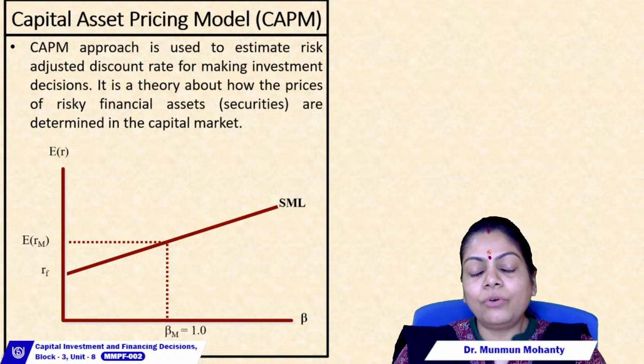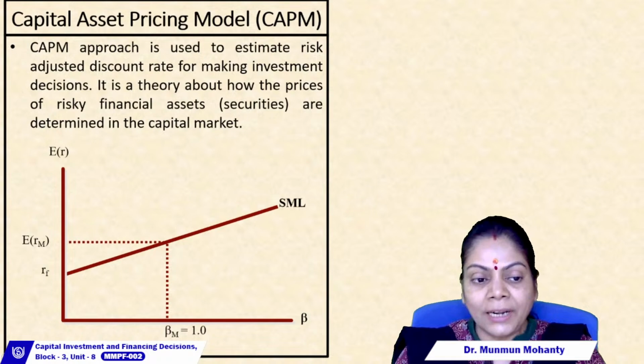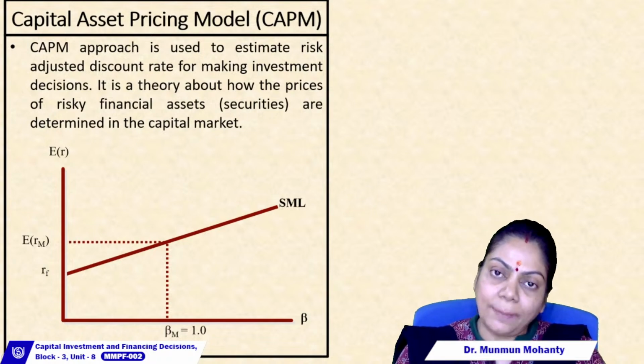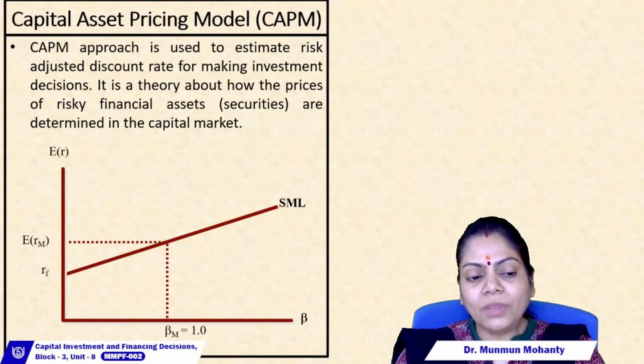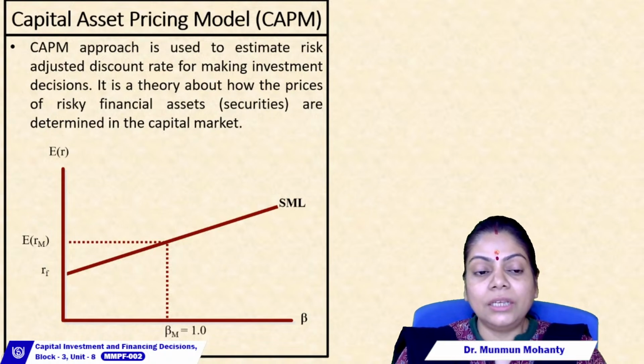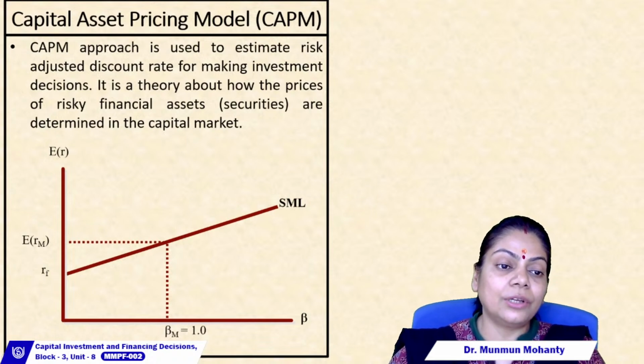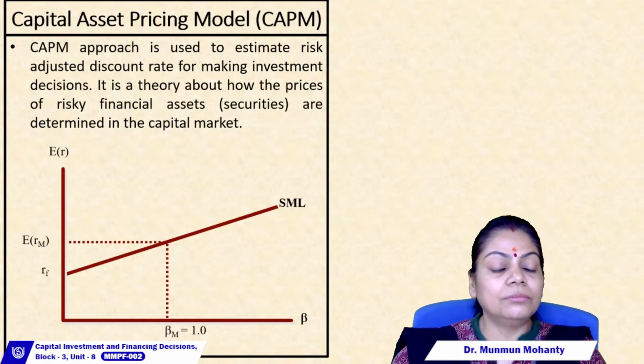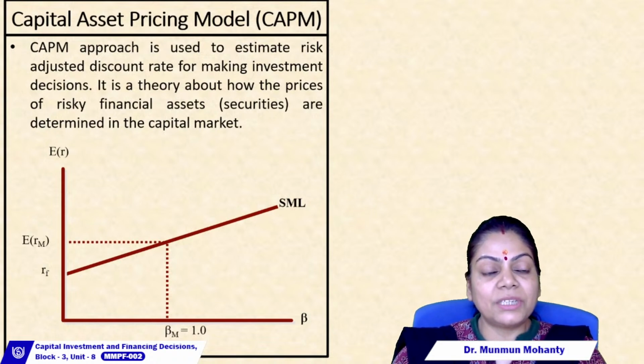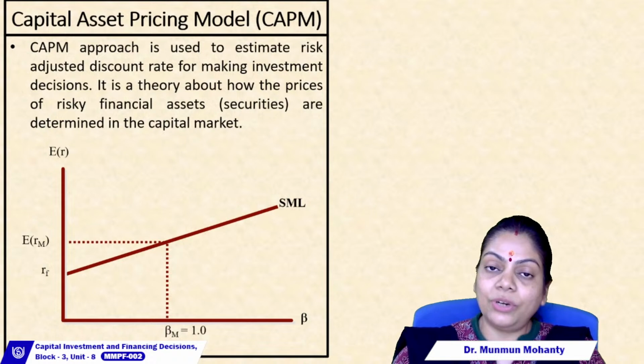Now, without going into the detailed nuances of the capital asset pricing model, we'll just look at the graph that represents it. CAPM is basically represented through the security market line.